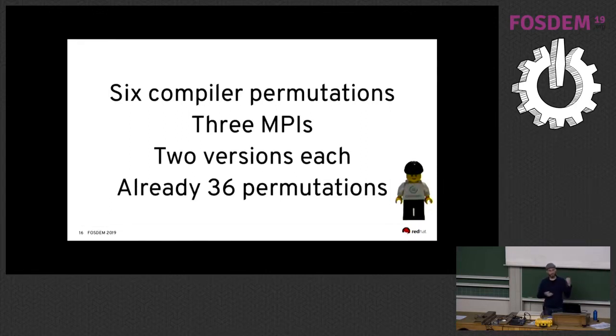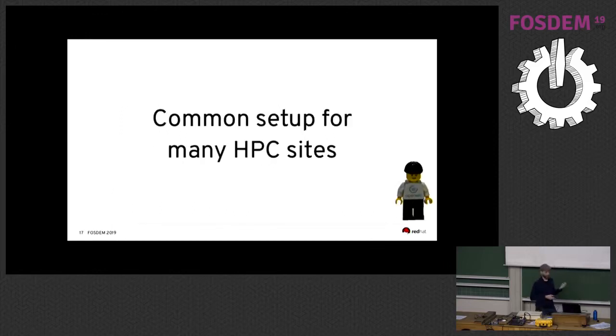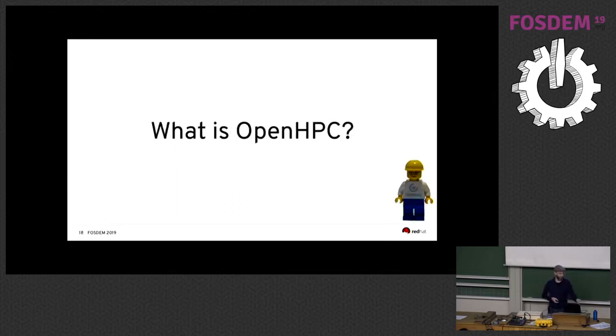And this is a point where most HPC sites are using some kind of automation because you cannot handle this without automation. So this is a common setup for many HPC sites. Everyone is doing it in some way. And this is one of the reasons why the OpenHPC project was created.